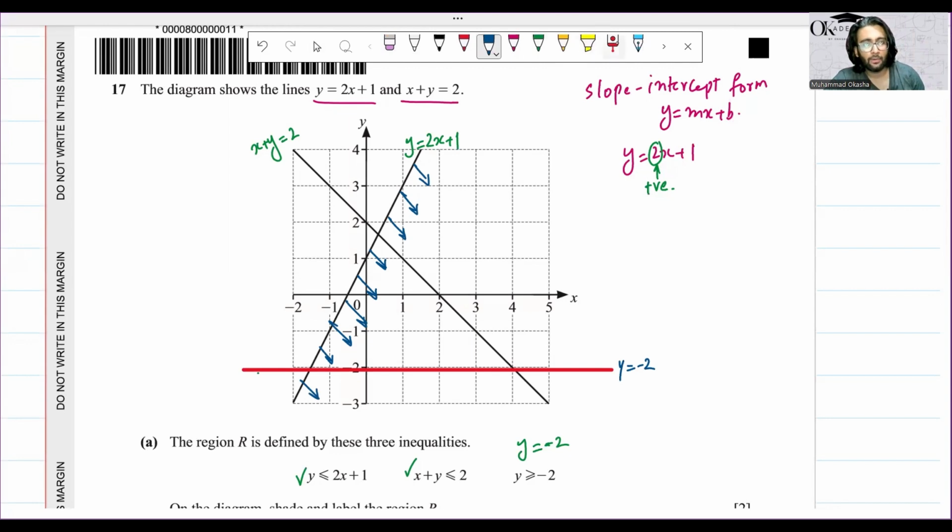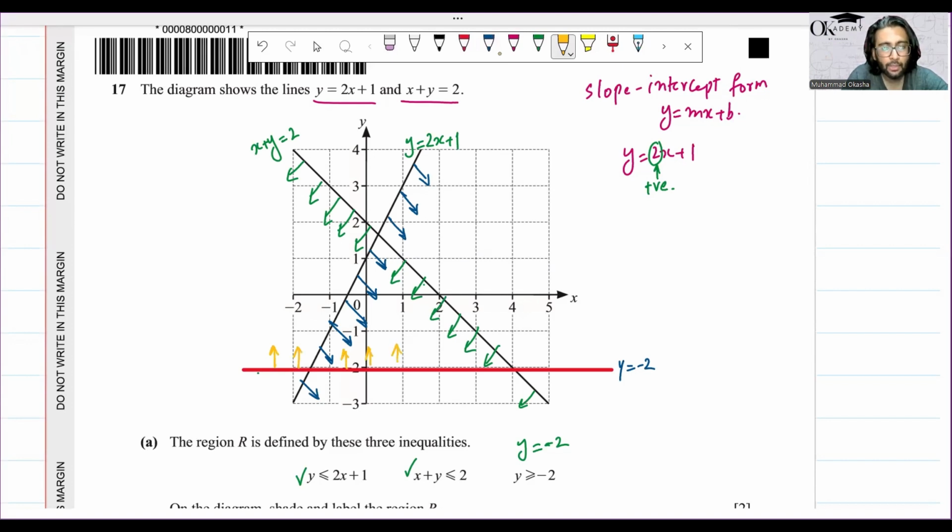For this line, we're talking about the area below this line. For x plus y less than or equal to 2, we're also talking about the area below this line, so below would be over here. And for y greater than or equal to -2, greater than or equal to means the area above this line.